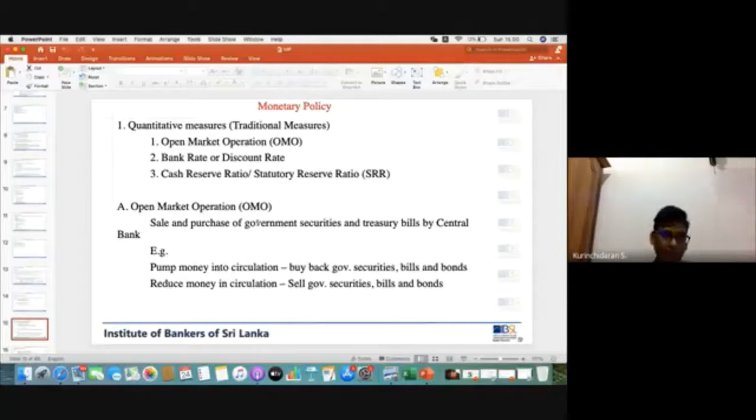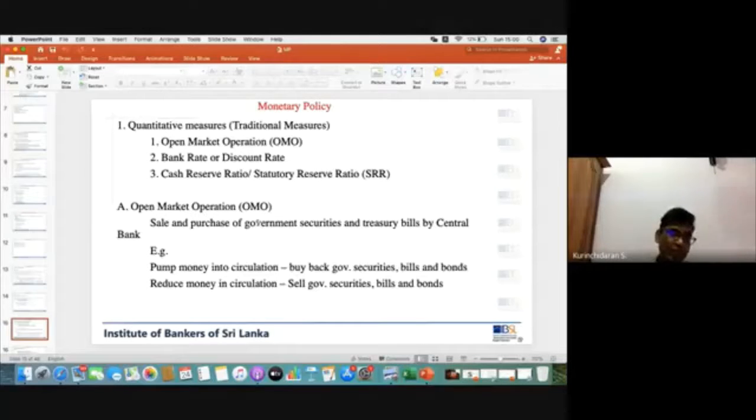So one of the reasons for open market operations during a crisis is to increase the money supply. What's happening in open market operations? You are going to pump money into circulation. That means you buy back government securities, bills and bonds, and give more money, let's assume, to the banks and public. So money is going out from the central bank. You can remember the T accounts I showed you, one side assets and one side liabilities.